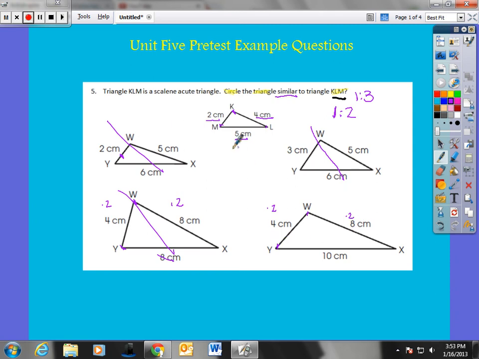Now let's go to line segment ML and find the corresponding side, which is line segment YX, I'm sorry. 10 is 2 times larger than 5. Notice this is the 1 to 2 relationship that we've talked about a little bit in class. This is my 1, this is 2 times larger. So the correct answer is the triangle that's similar to triangle KLM.